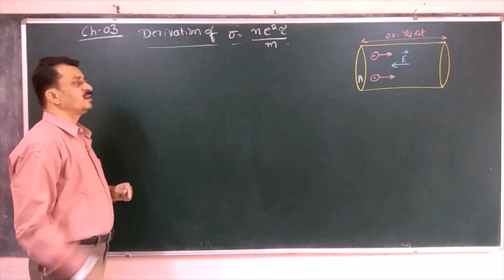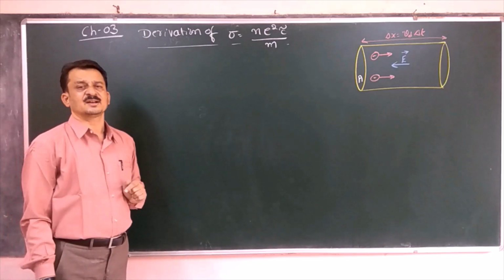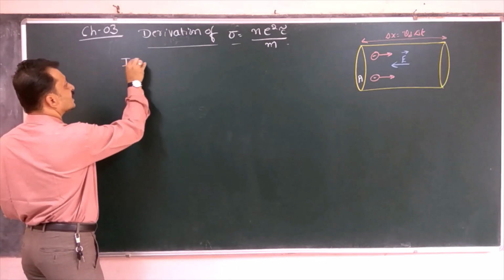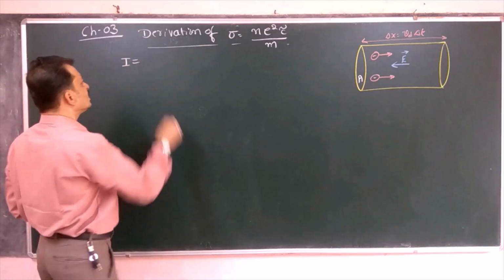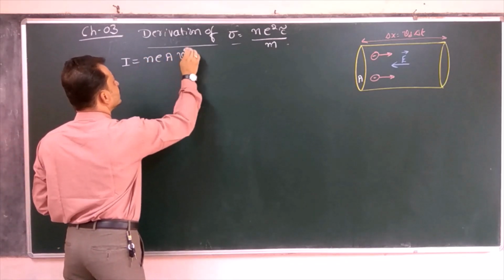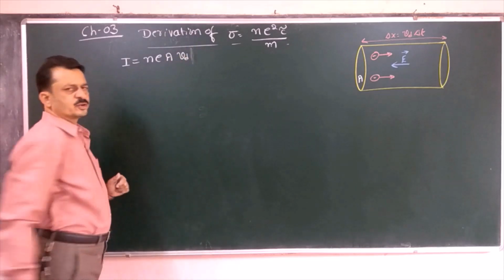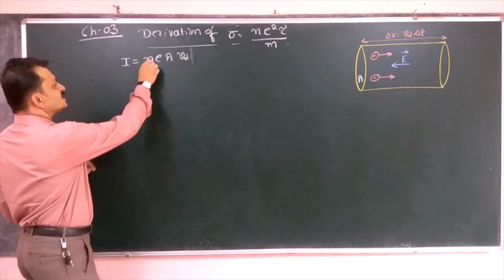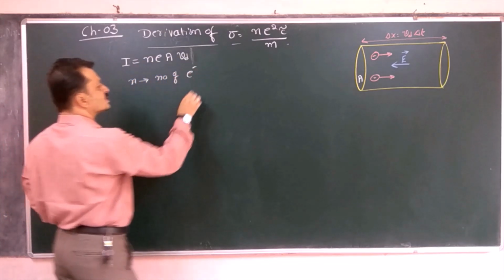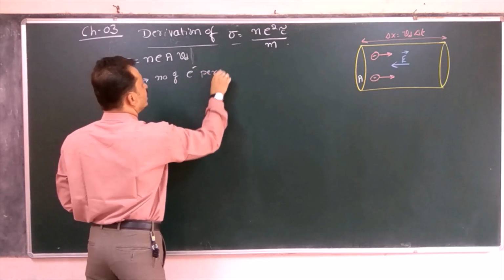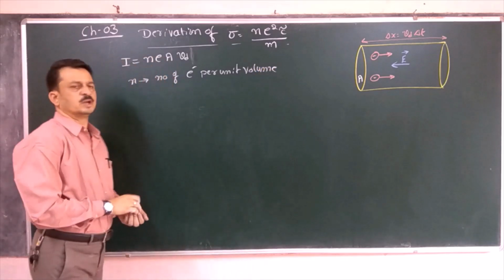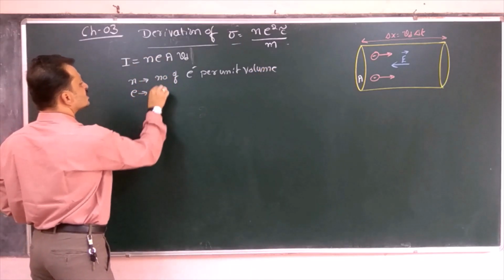And we have already obtained the expression for current in that conductor in terms of drift velocity. The expression for electric current in the conductor in terms of drift velocity is given by I is equal to n e A Vd, the magnitude of the drift velocity. Now what is n? It is the number of electrons per unit volume. e is the charge of the electron.